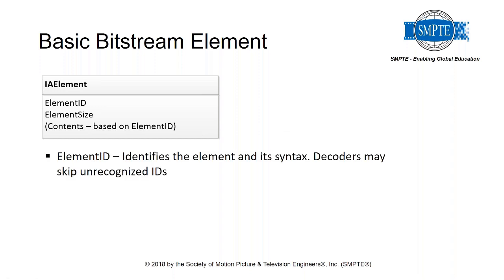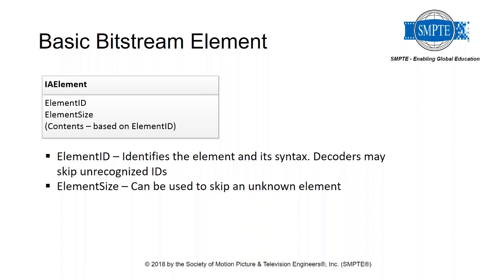The element ID identifies the element and its syntax, and decoders may skip unrecognized IDs. So element IDs must be unique. Element size is how you actually skip. It basically is a byte count, so you know where the element ends. The combination of these two items allows extensibility.